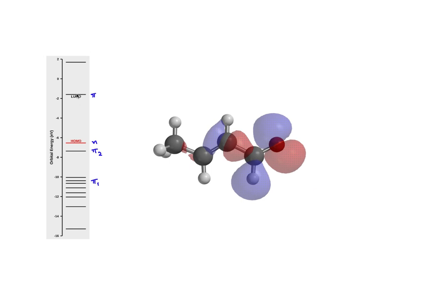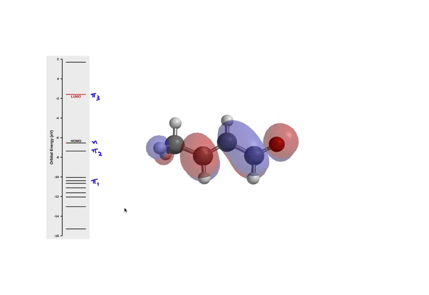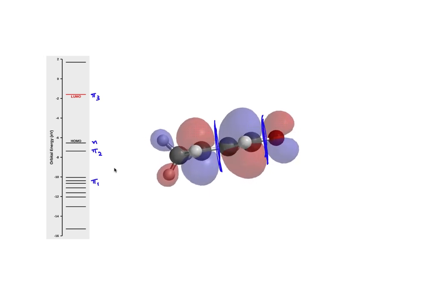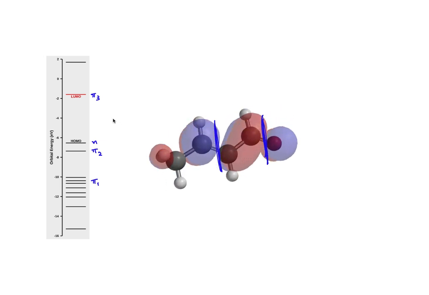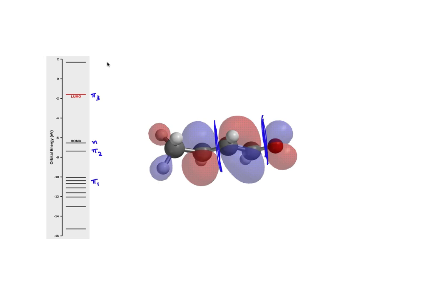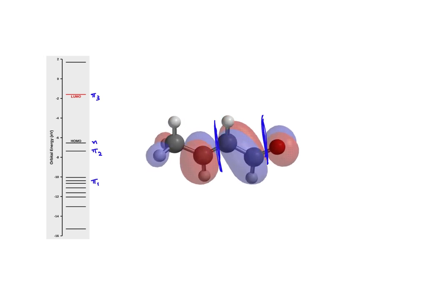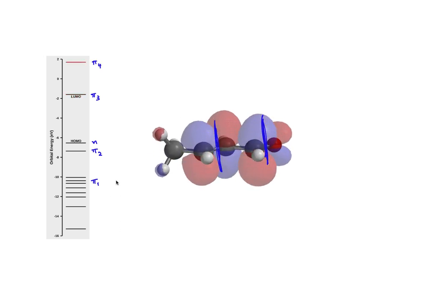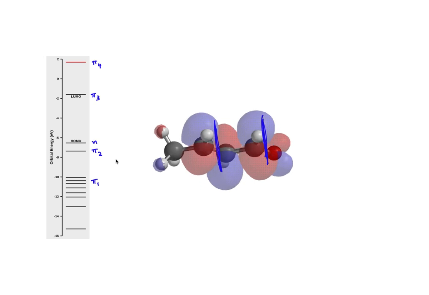The LUMO, pi 3, has nodes of 0 electron density at these carbon-carbon and carbon-oxygen bond positions. And then pi 4 has all of the p orbital components out of phase.